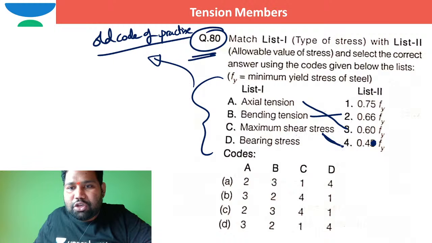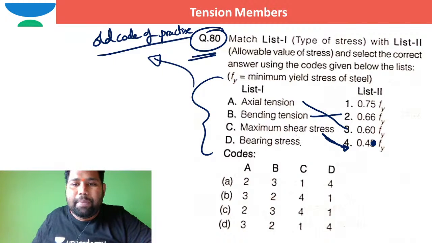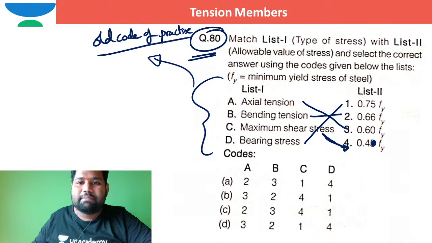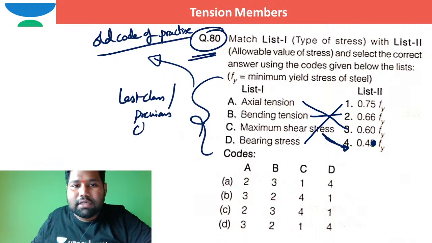This I already taught you in your previous class. Coming to the limiting or permissible bearing stress, it is 0.75 times Fy. This I had already given in the previous class as the working stress method.